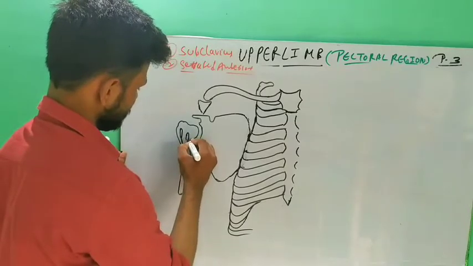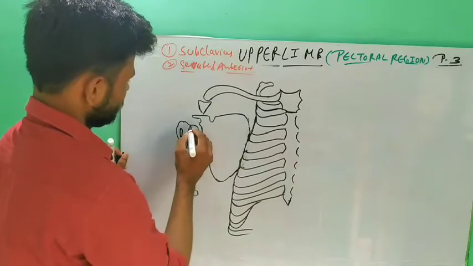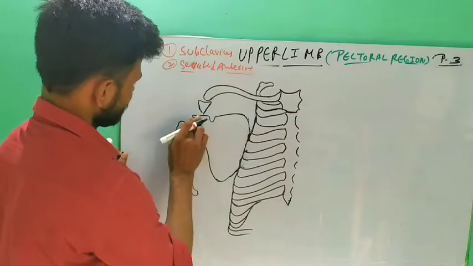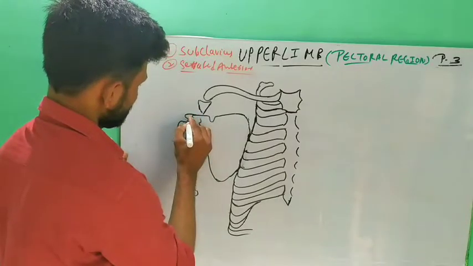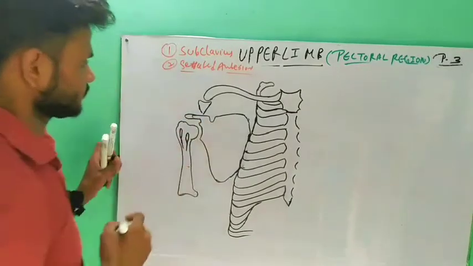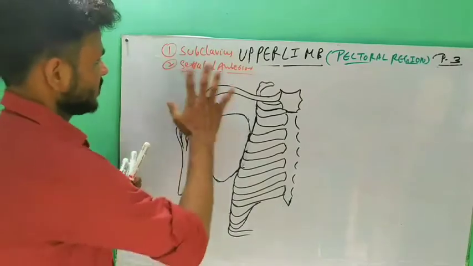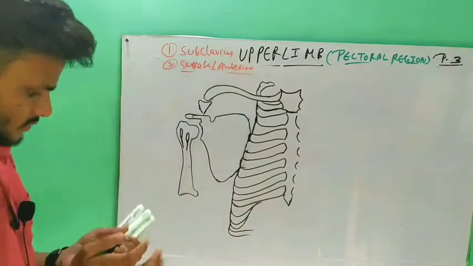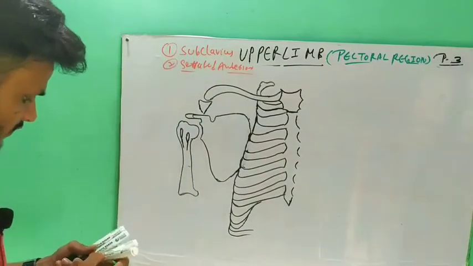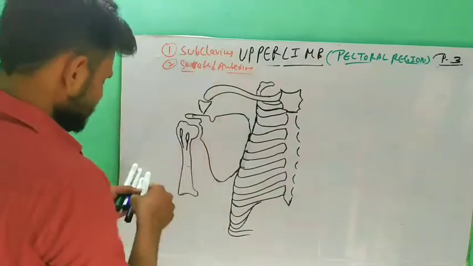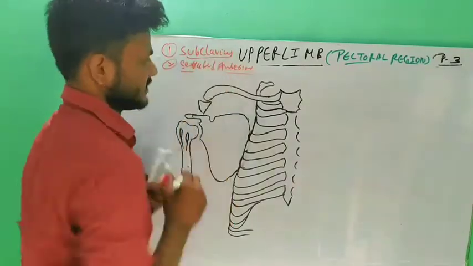This is the lesser tubercle. Now this is the diagram of the thorax. Firstly, let's discuss the subclavius.